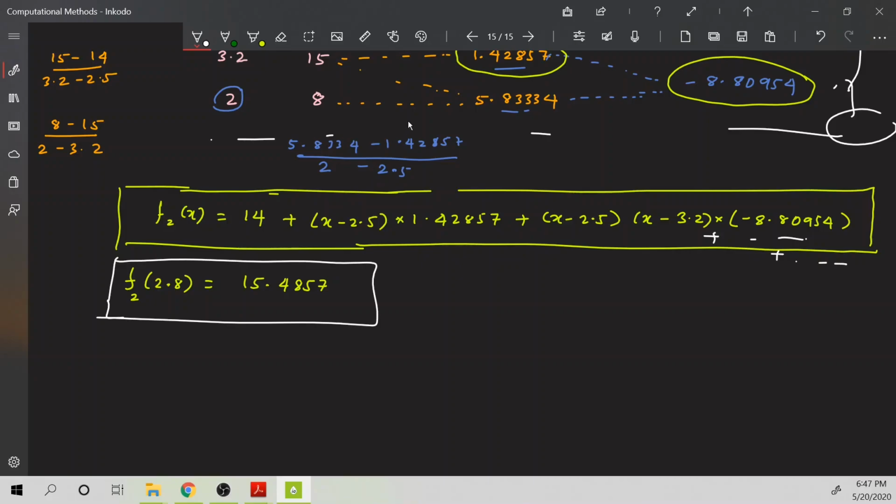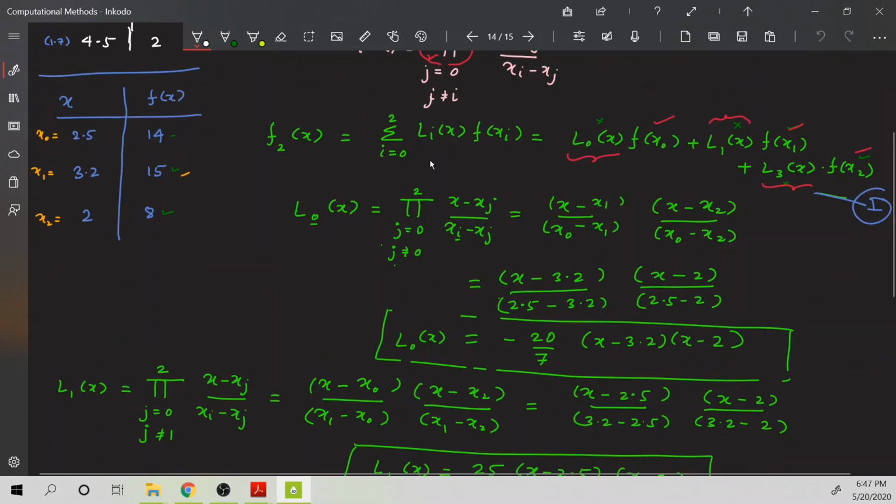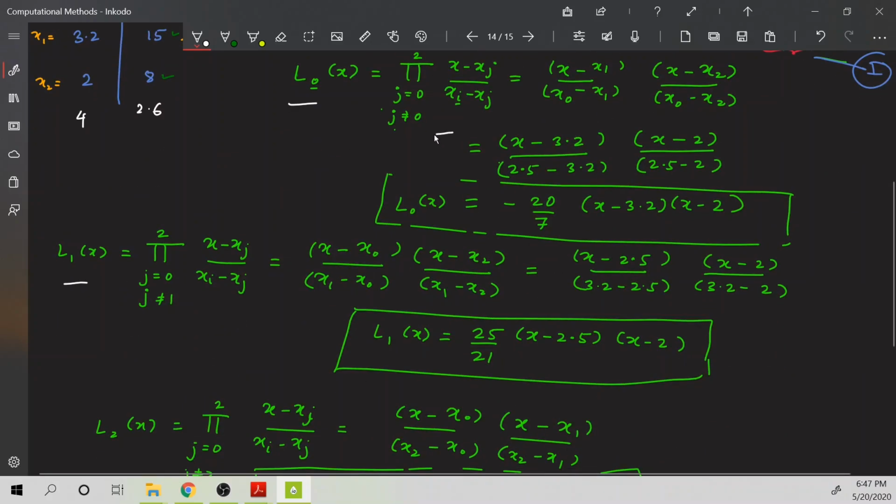But when you talk about the Lagrangian polynomial, what is going to happen if you want to add one more point? Again, you'll have to change everything. That means you'll have to calculate the value of L0 again. You'll have to calculate L1, because there will be another term here, another term here, another term here. Are you getting it?